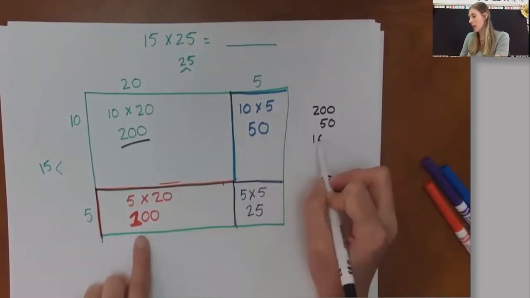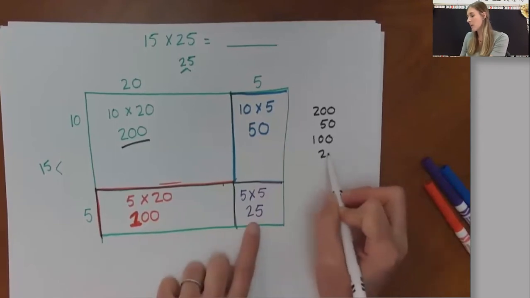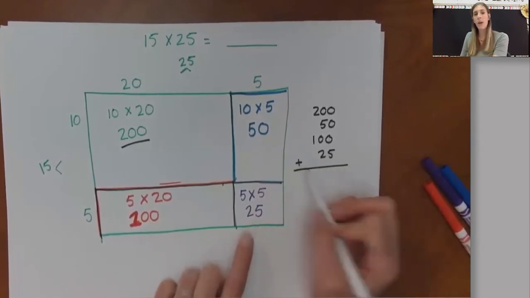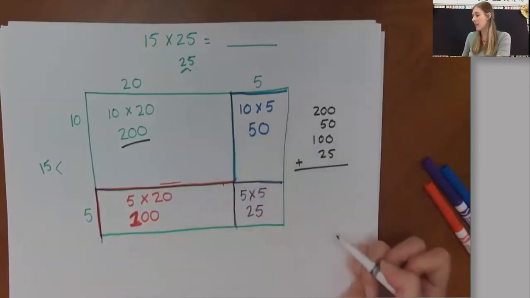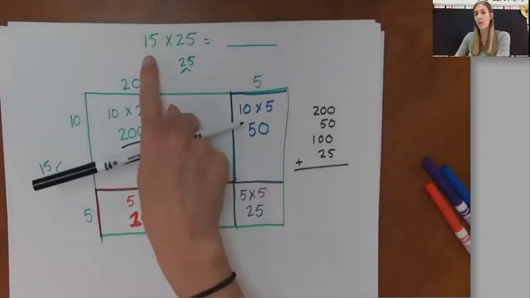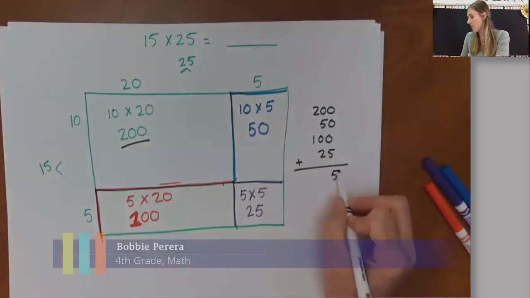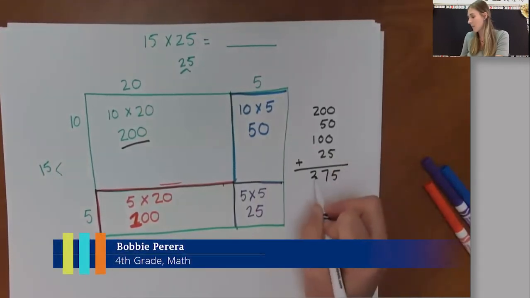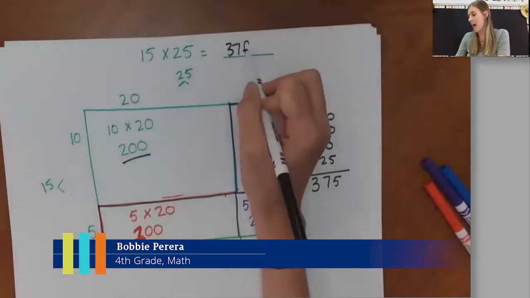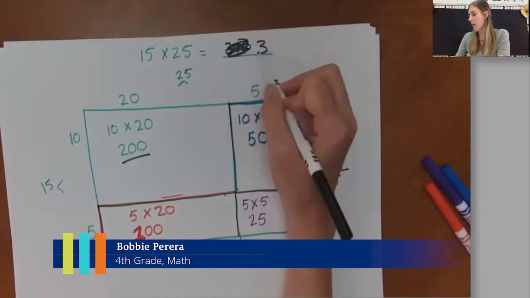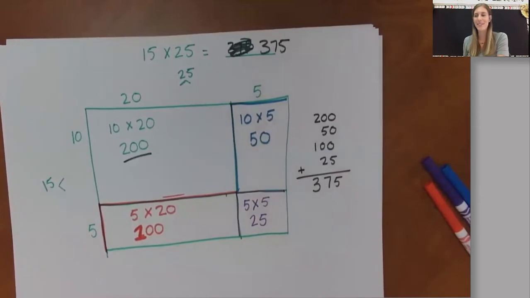This part is 100. And this part is 25. And then we can just add them all together to get the total area of the entire rectangle, or our product, for 15 times 25. Correct, 375. I cannot write today. 375.